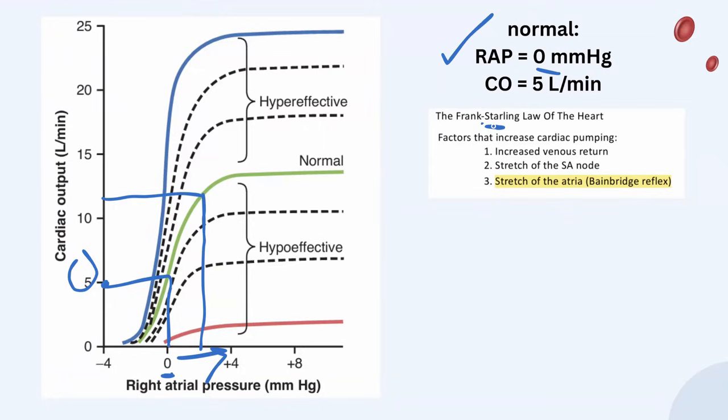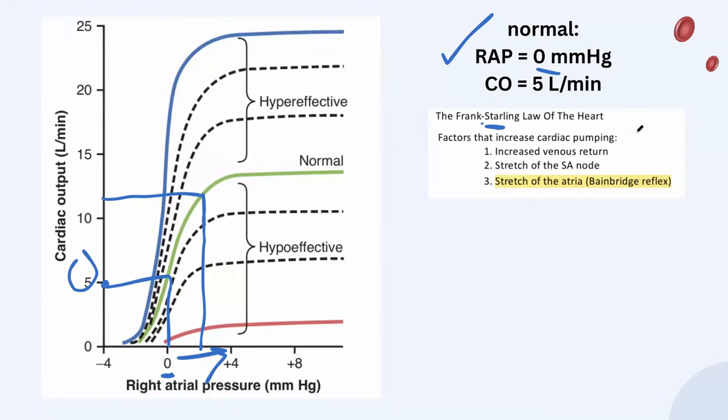They're going to be like, whoa, why are we stretching so much? That's going to increase the contractility of the heart. So the Frank-Starling law is always associated with contractility. Increased stretch of the walls is going to increase contractility, and the blood is going to be pumped out harder. So increased cardiac output.